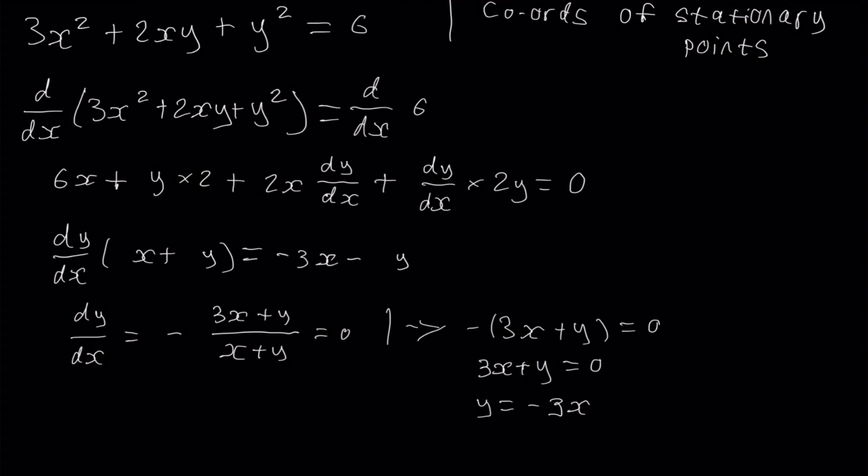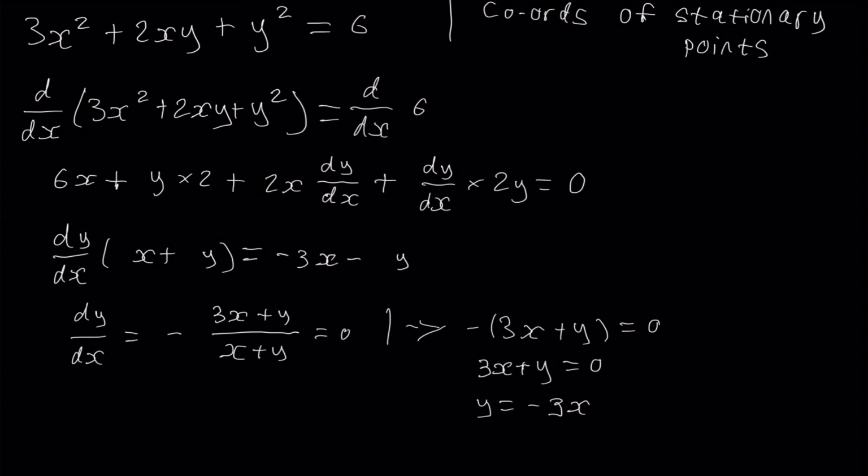Now this is a little bit difficult because we don't have a specific value for y here or a specific value for x. So what we actually want to do here is substitute this value of y back into our original equation. If we substitute this into our derivative, we're just going to end up with 0.